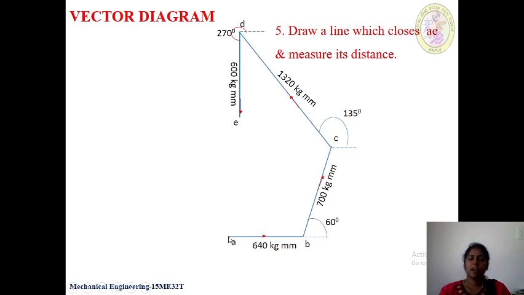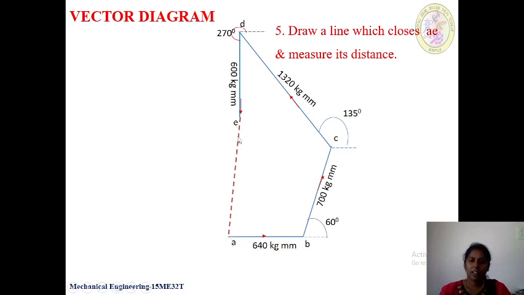So that means the capital R we find out graphically is equal to the linear distance of the AE vector. Here according to the polygon law of forces, the closing side of the polygon represents the magnitude of the resultant. So capital R is equal to vector AE.